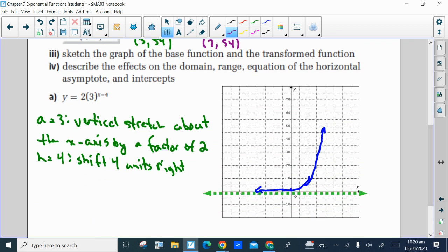(3, 2/3), (4, 2), (5, 6), (6, 18) and (7, 54).